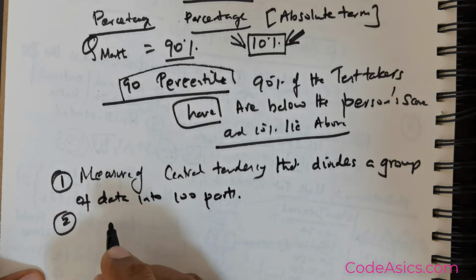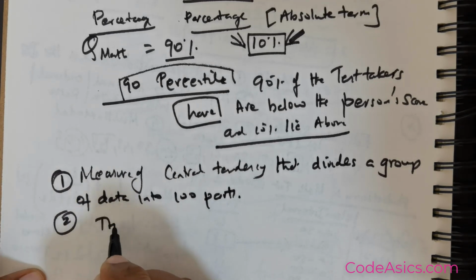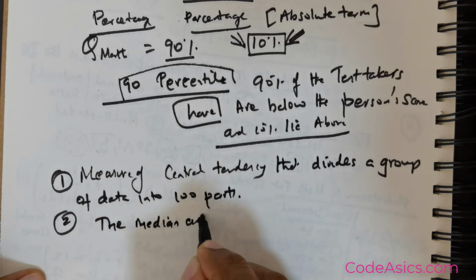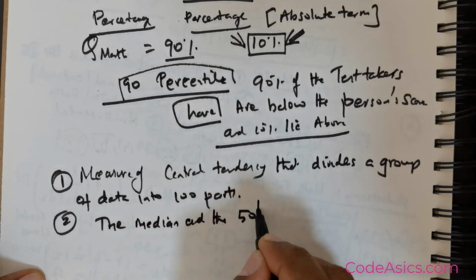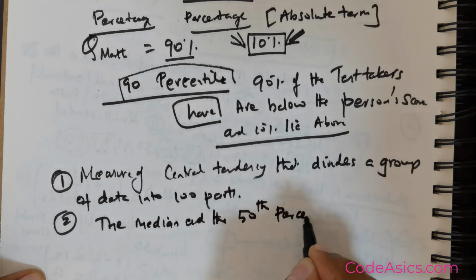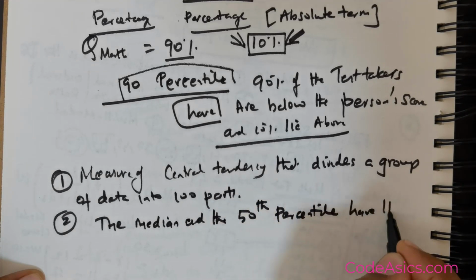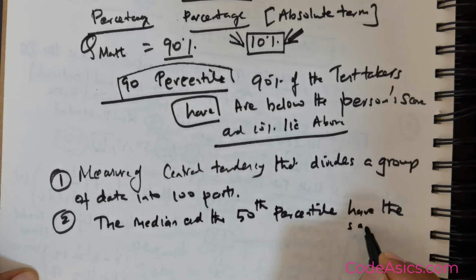Number 2, the median and the 50th percentile have the same value.